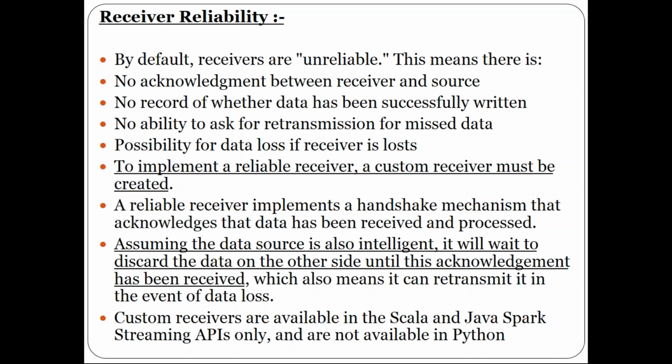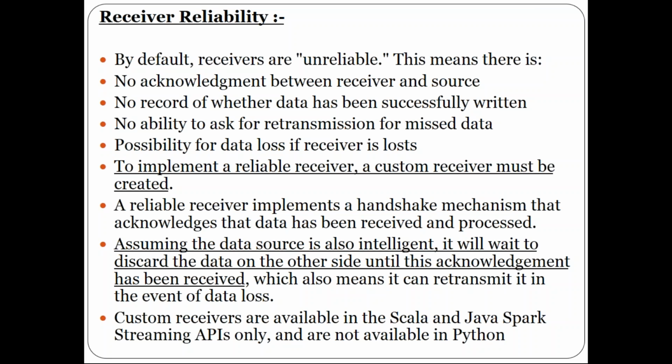Once you initiate that command, it will start resyncing. Once it resyncs, it initiates a new ISR. The reason why I have told you that is, if your D streams and Spark processing are not able to identify if they have written 3 blocks successfully, and have failed to do so, how can they retransmit the missing data? That is also an important thing. Possibility of data loss if the receiver is lost.